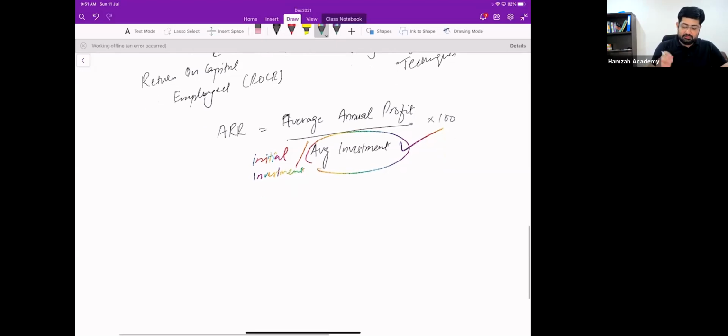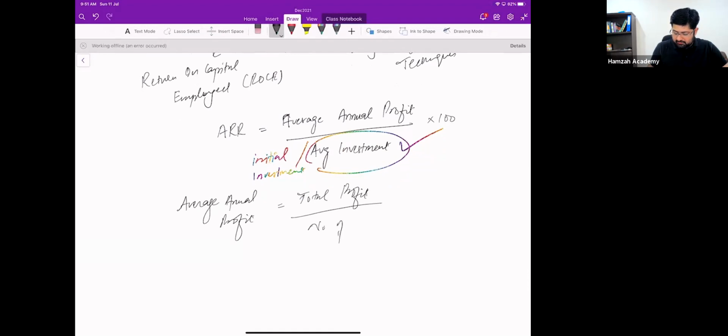Now, the next point is how to calculate average annual profit. How to calculate average annual profit? Total profit divided by number of years.